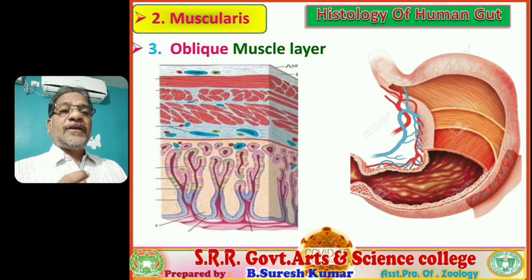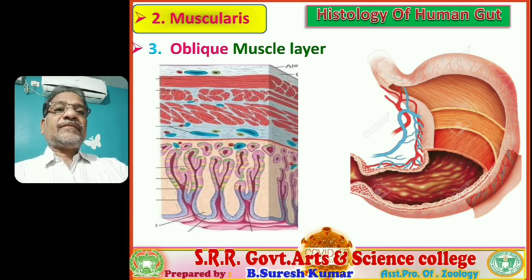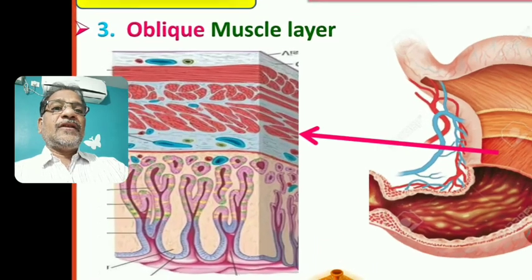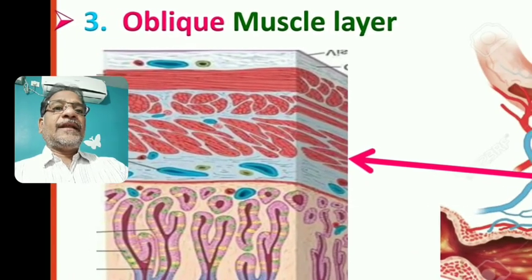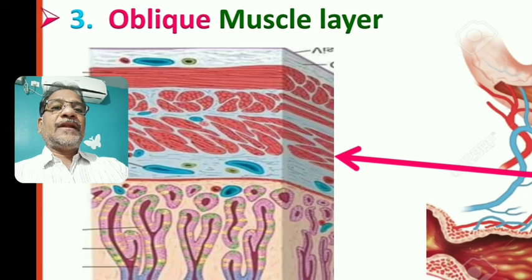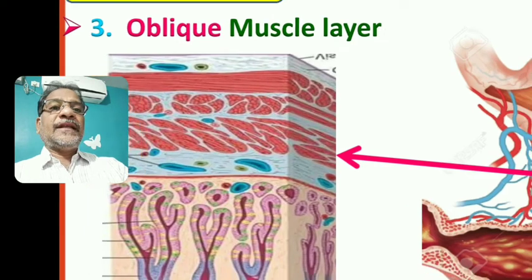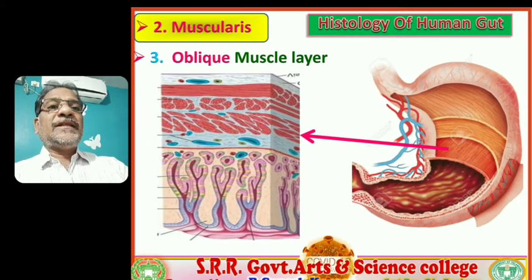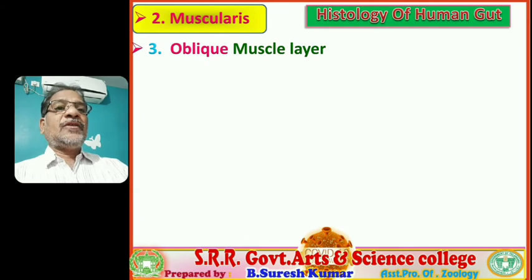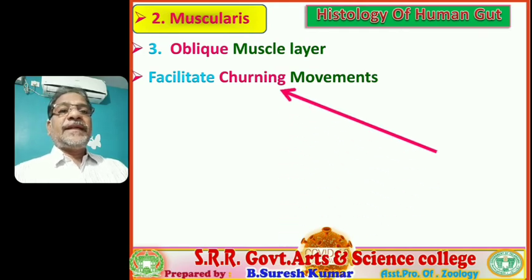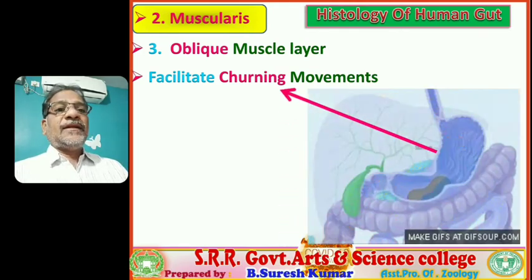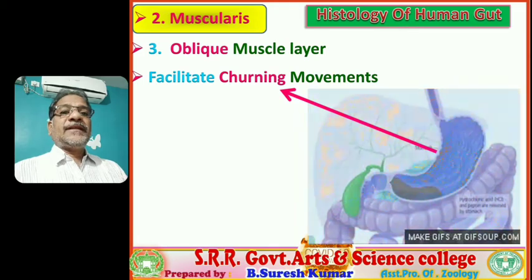In this visual, the oblique muscle layer is clearly represented in transverse section. You see the upper red layer is longitudinal, the middle is circular, and the third one is the oblique muscle layer. So, to facilitate the churning movements in the stomach, the oblique muscle layer is additional.